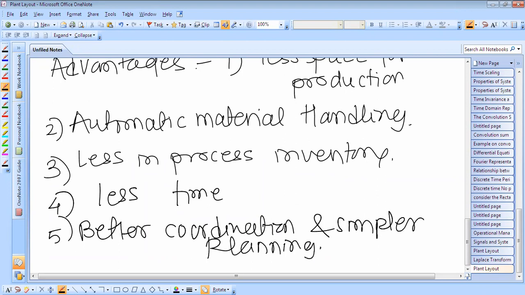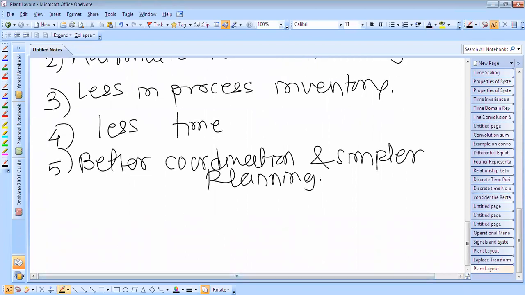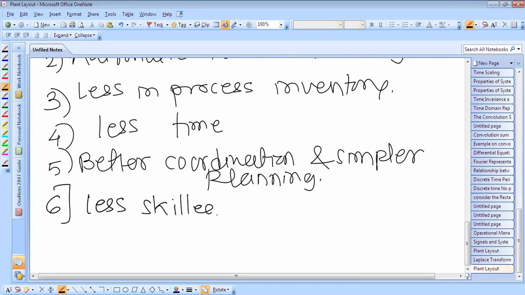And less skilled workers may serve the purpose. Even though your workers are not skilled, it does not matter. Less skilled workers will solve the problem. So all these are the advantages of the product layout.